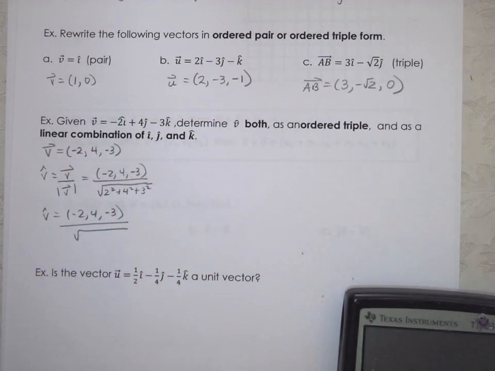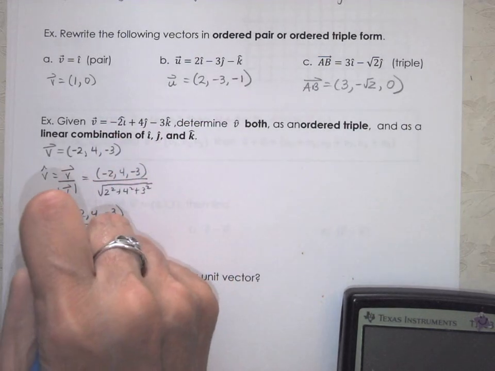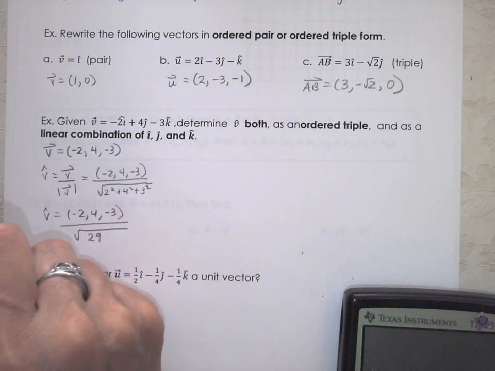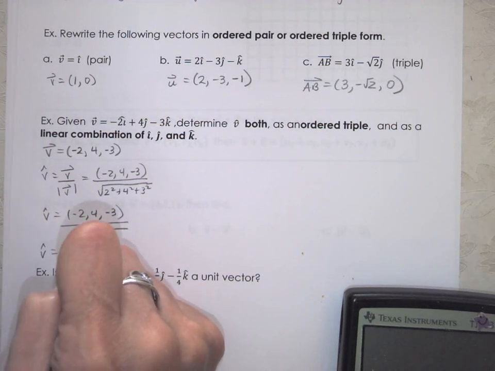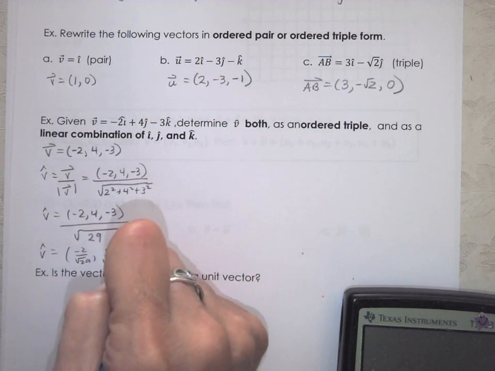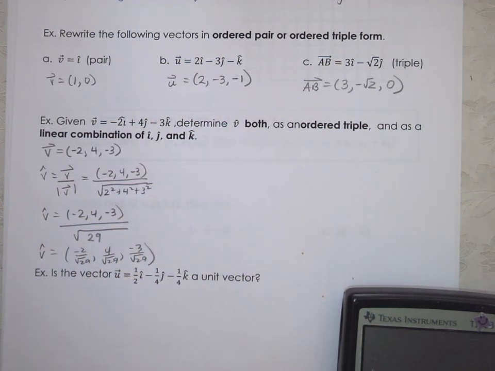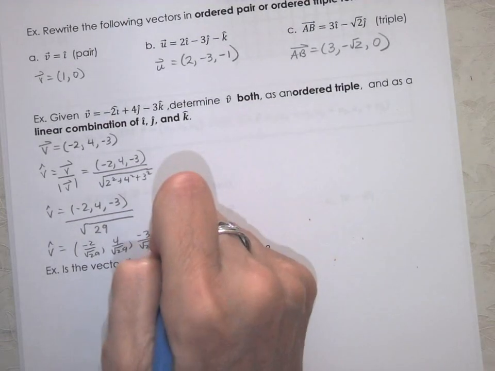So that's going to be root 29. So vector v hat is going to be negative 2 over root 29, 4 over root 29, negative 3 over root 29. And that is an ordered triple.